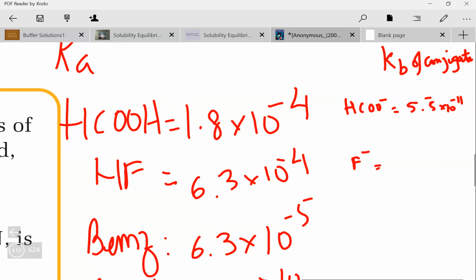F minus, again, 1 times 10 to the power negative 14 divided by 6.3 times 10 to the power negative 4 is 1.58 times 10 to the power of negative 11.